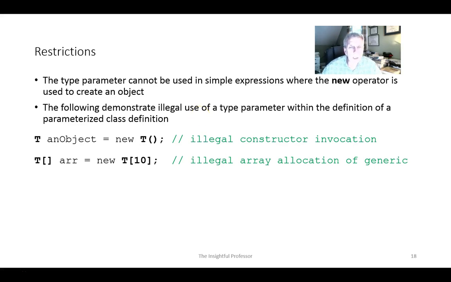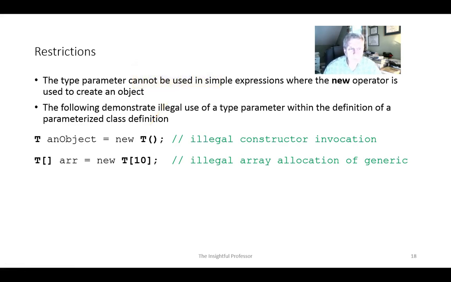Here are a couple of examples that demonstrate the improper or illegal use of the type parameter. In the first case, putting T over here as the data type for this object, that's fine. There's no problem with that. It's on the other side of the expression that we have a problem. You cannot invoke a constructor using the type parameter and say, let's make a new one of whatever this thing is.